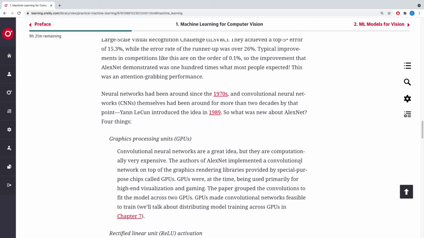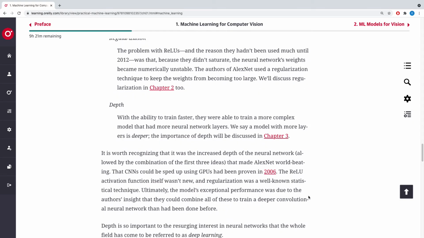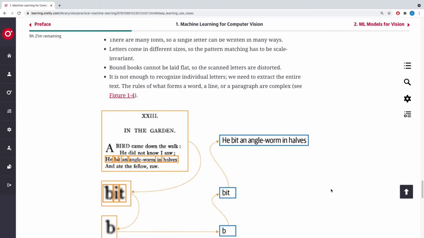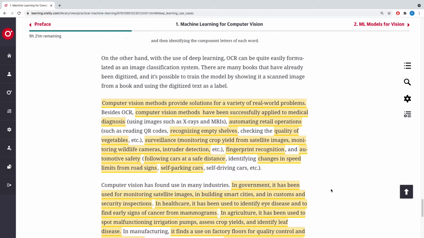Here we talk about neural networks. We'll see more of this later on. Then deep learning is a branch of machine learning that uses neural networks with many layers, and you will see the different areas in which computer vision is providing solutions.